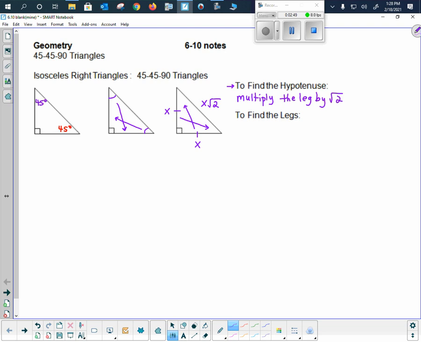And then to find the leg, if you've got the hypotenuse, well, you want to get shorter, so you would divide the hypotenuse by that same number, root 2. All right, so let's practice with it.